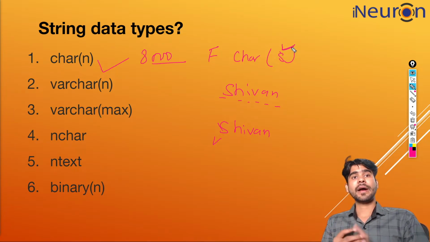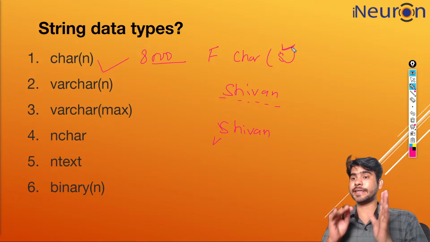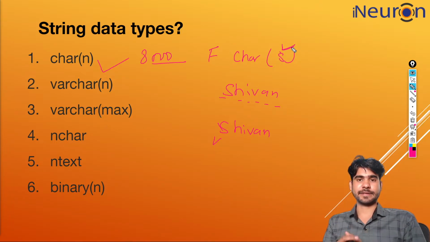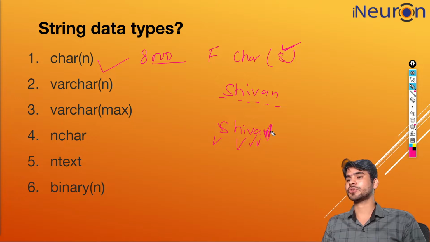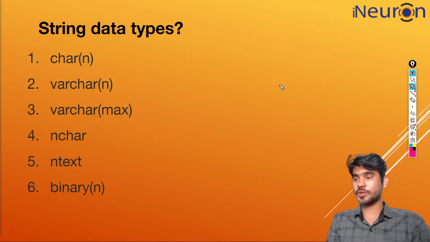Like how much size of data we need under this char. First name char, how much size of data we want? So here I'm defining 5, that's why I'm writing Shiva. N is not here, so let me remove it.